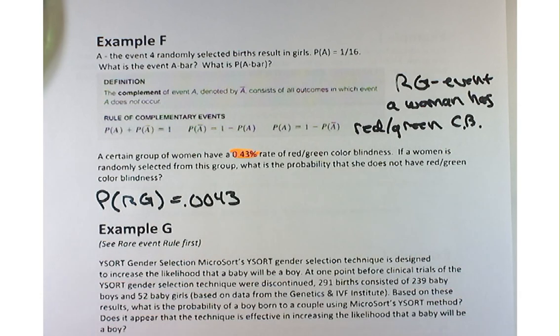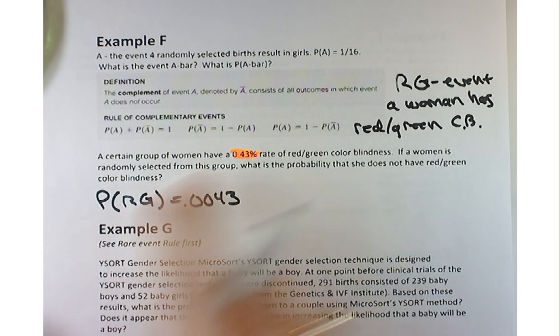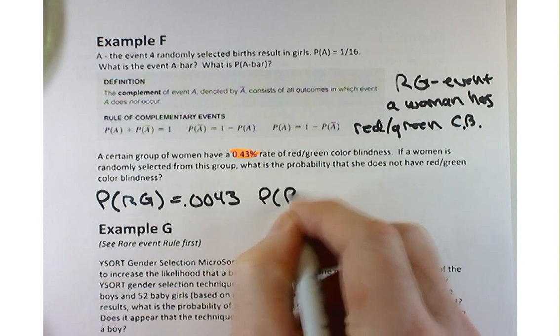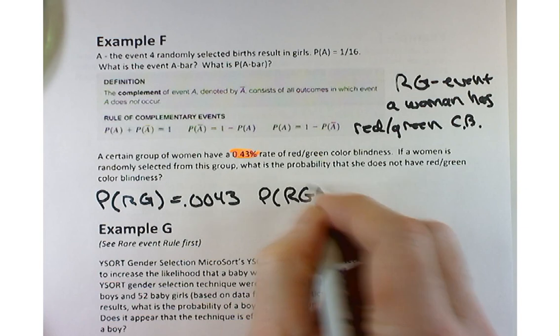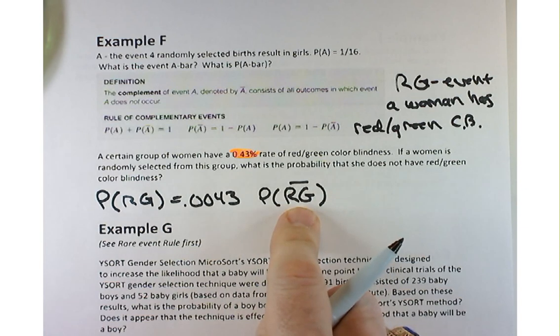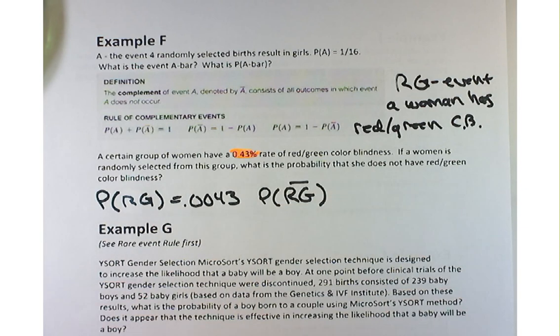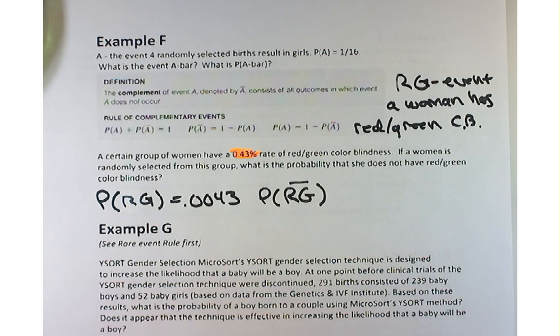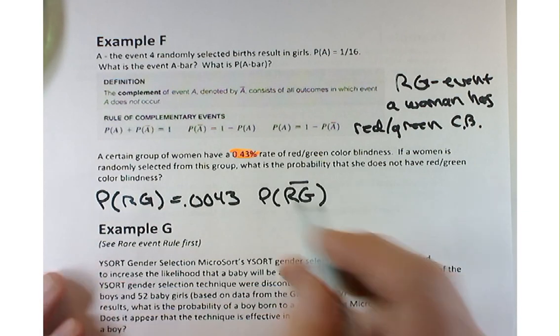But the probability of RG is not what I want. I've already got that. What I want in this problem is the probability of RG bar, the probability that somebody doesn't have red-green color blindness. How do you suppose I'm going to get that? They didn't tell me what that was. 1 minus probability.